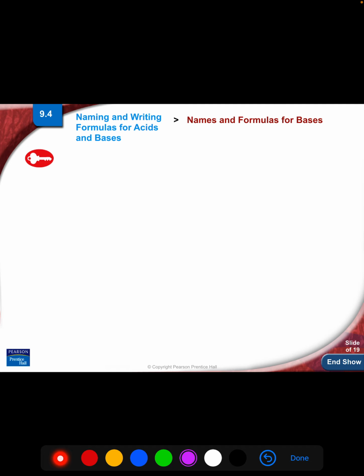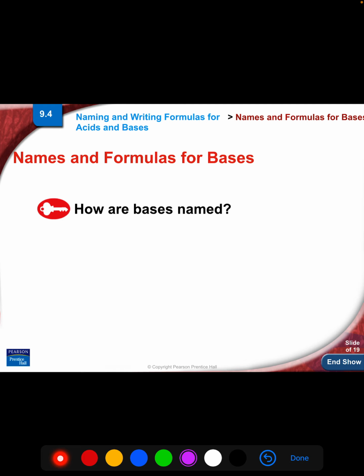That of course brings up the question, what's a base? And for our purposes today, a base is anything that produces a hydroxide, because acids were anything that produced H plus. And here's something curious: if you have an acid and a base, you combine them to form a salt. We don't have the counterions on here, plus water, H2O.